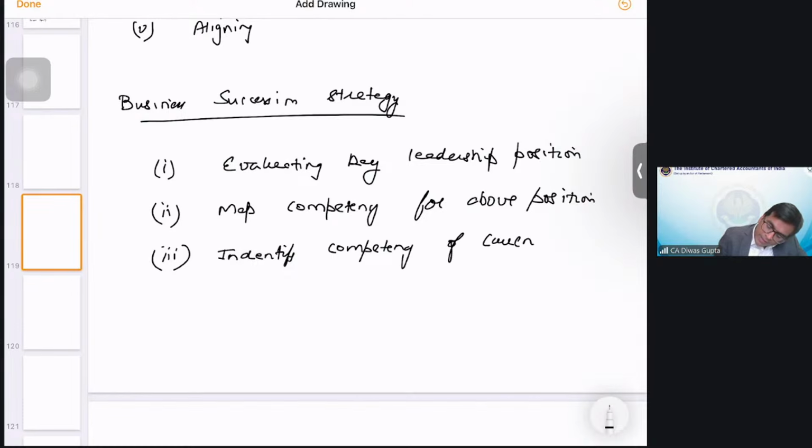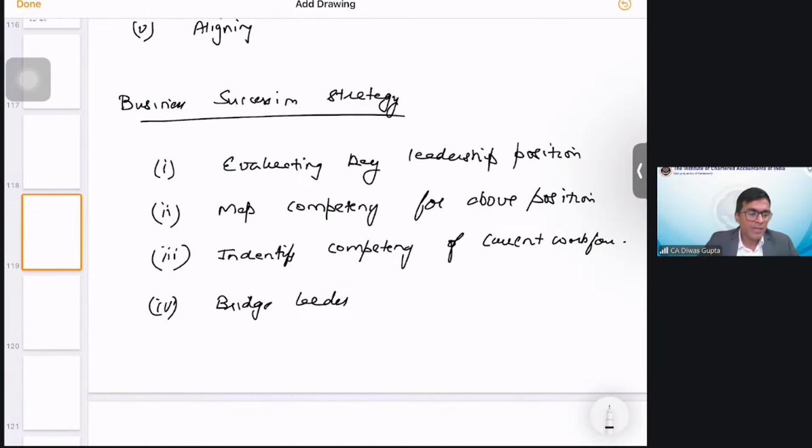Where are these currently placed in terms of the competencies that they can offer? What is the available thing, right? And then you also need to think about a bridge leader. Let's say a leader who can act as a leader for, let's say, 6, 7, 8 months till the time a final leader comes in, right? Because there might be some situations wherein you might need a bridge leader as well.